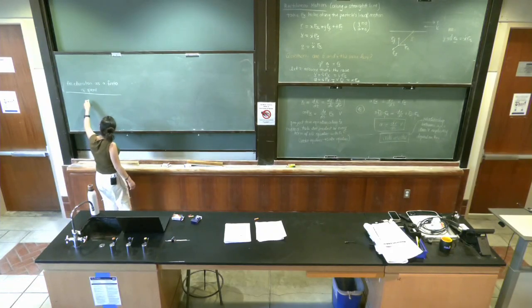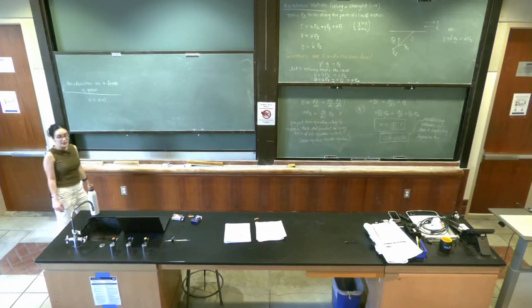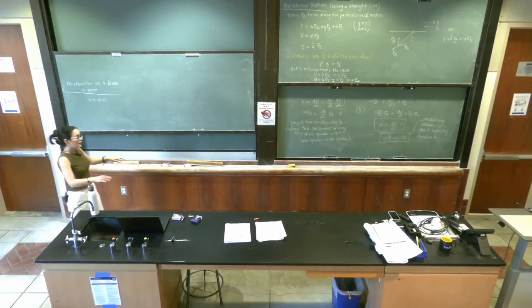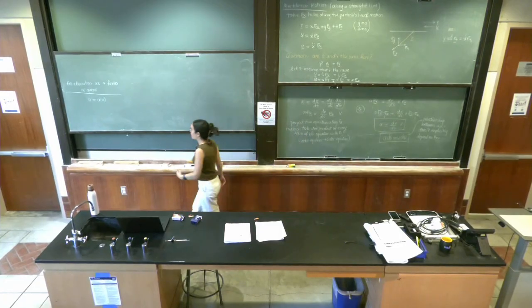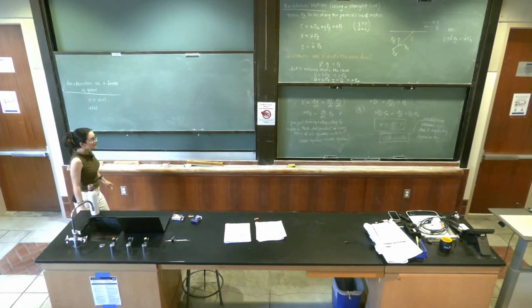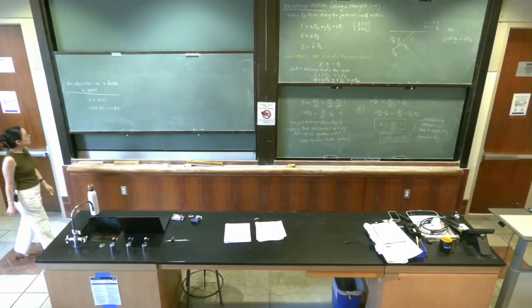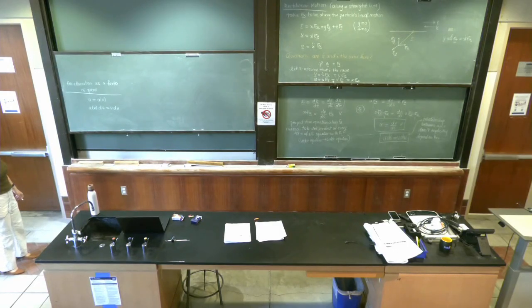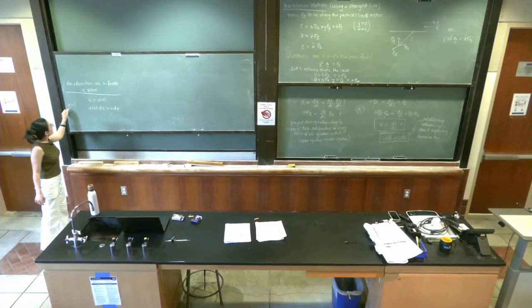So I have acceleration as a function of speed. Then if I go back to this equation and I plug in A of V, V dV is equal to A ds. Remember that V is equal to S dot. A is equal to V dot, which is S double dot.